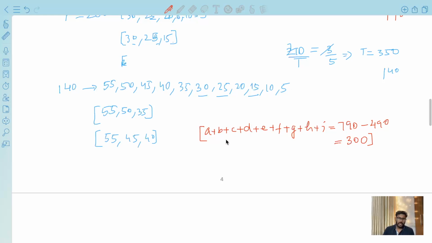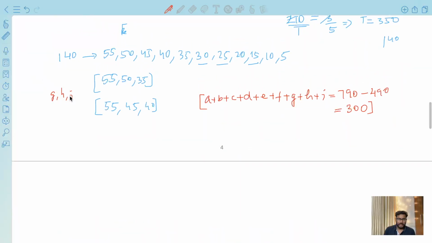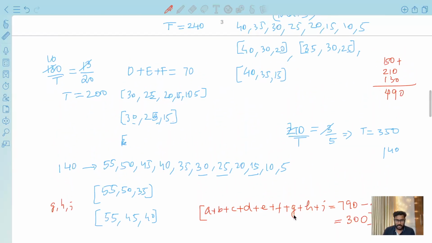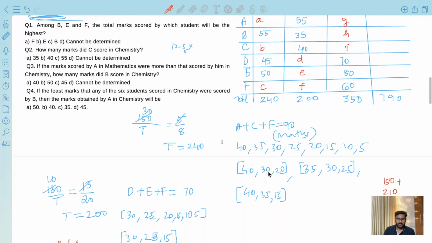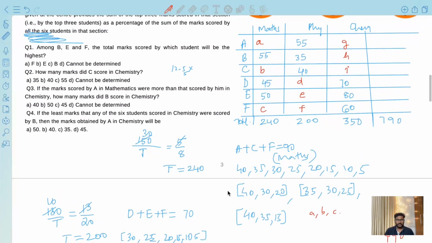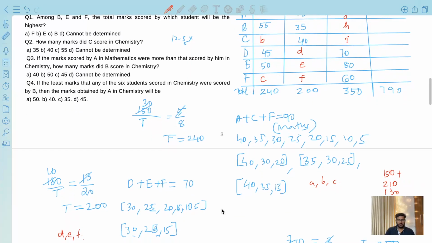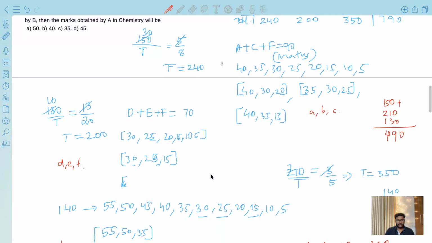Now this, G plus H plus I, this E F G, sorry, D E F, A B C. Since D has only one thing, let's put something in D: 30, 25.